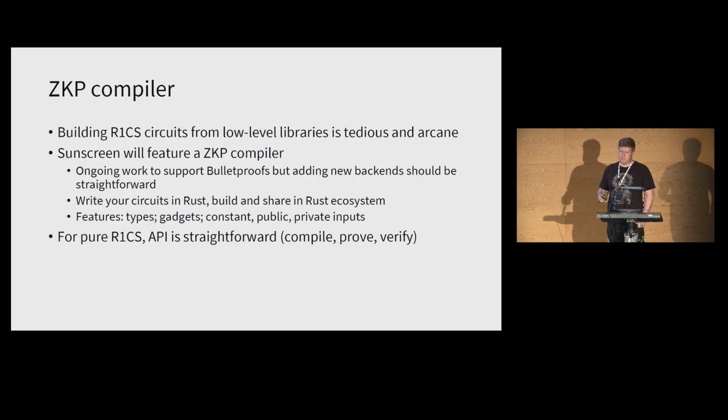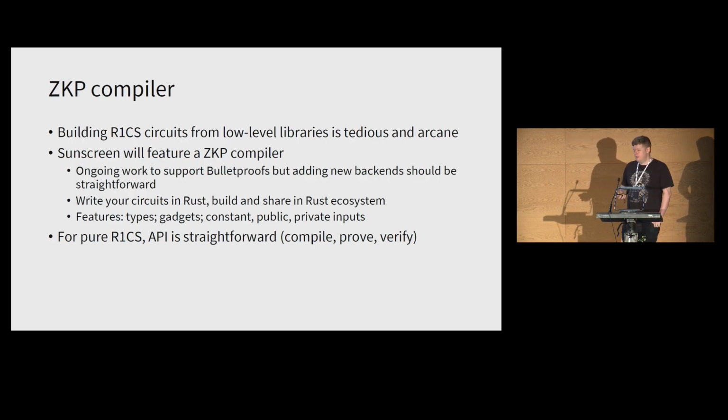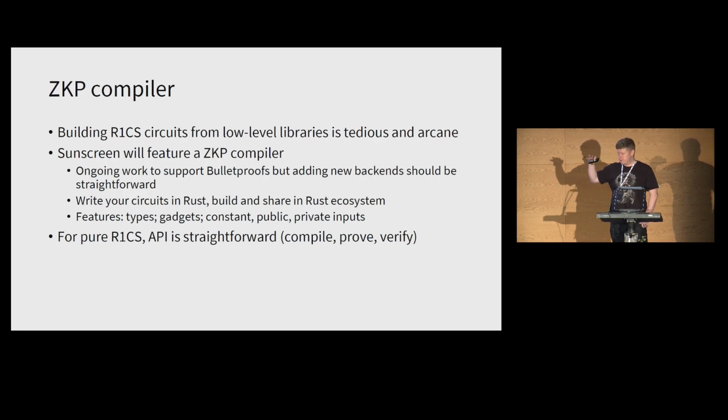So some of the inputs may be known to both the prover and verifier, some of them only to the prover. And the approach we're taking with this is very similar to our FHE compiler, where you write a circuit, you describe it as a function in Rust, and you put this nice little macro on it, and then you can pass that function to the FHE compiler, and it will spit out a directed graph of all the things that need to happen.